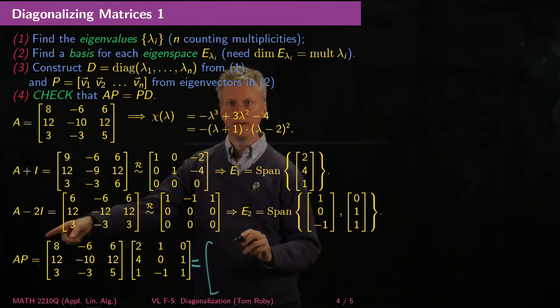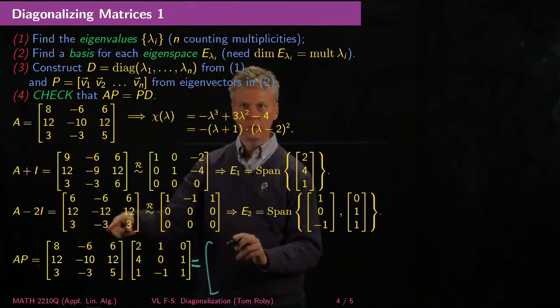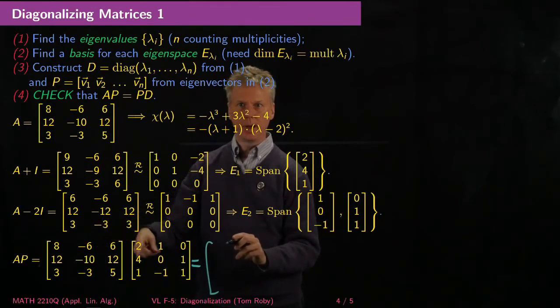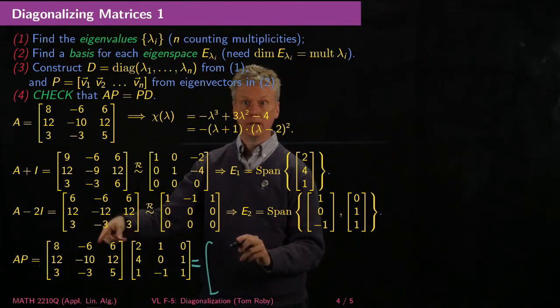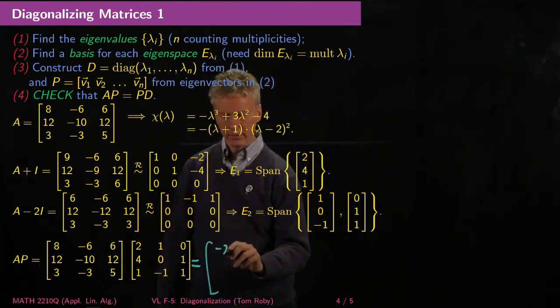So if I compute this matrix, for example, the first column, I'll get 8 times 2 is 16, minus 24 is negative 8, plus 6 is negative 2, so I get negative 2 here.